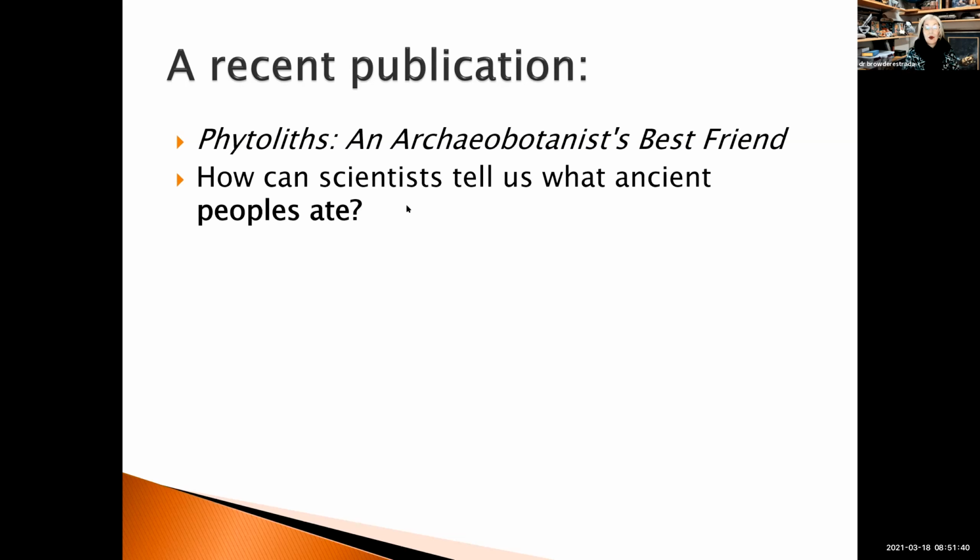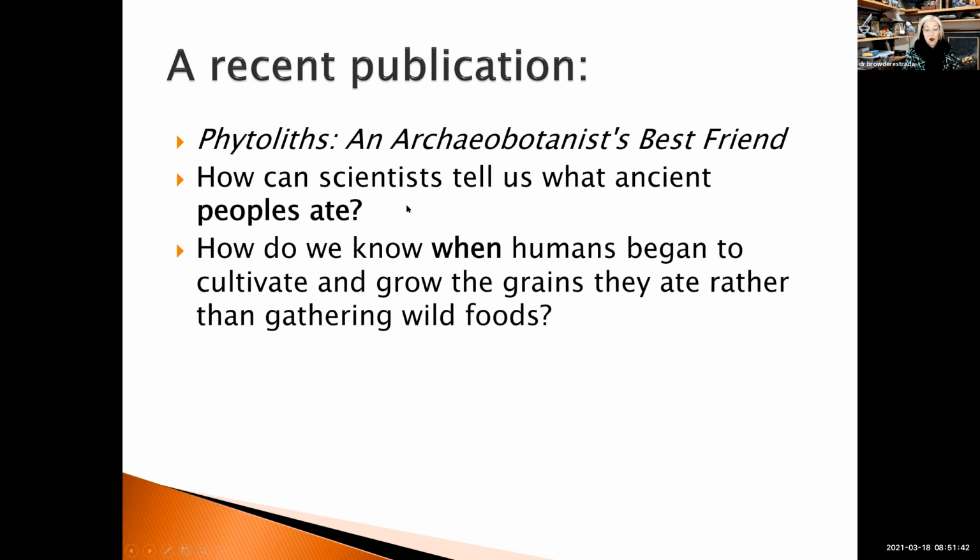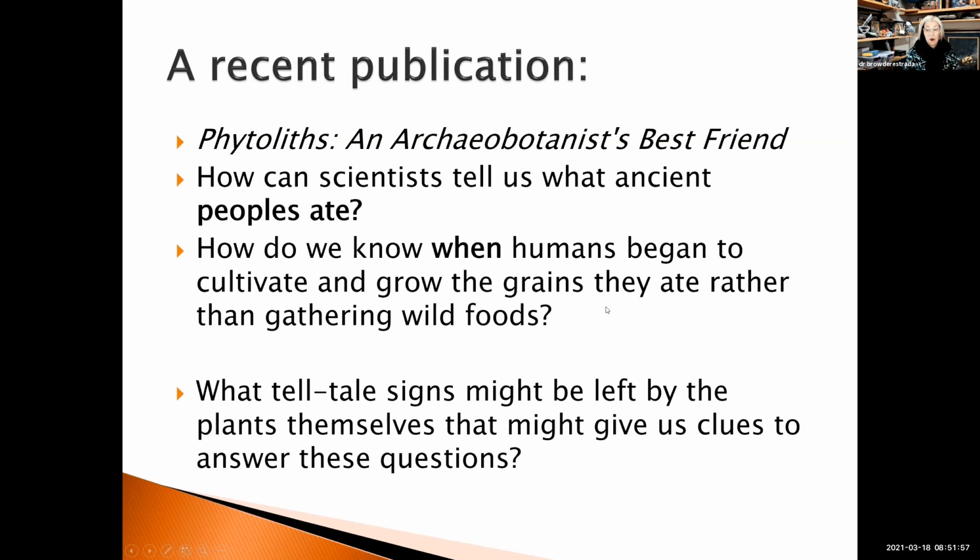So again, we want to know what they ate, but we also want to know when they might have started with interests in certain food sources or sources for their animals, if they are keeping animals. When did they stop moving around so much? Or are they still moving around in the time frame we're looking at? And again, what are phytoliths? What are those telltale clues?